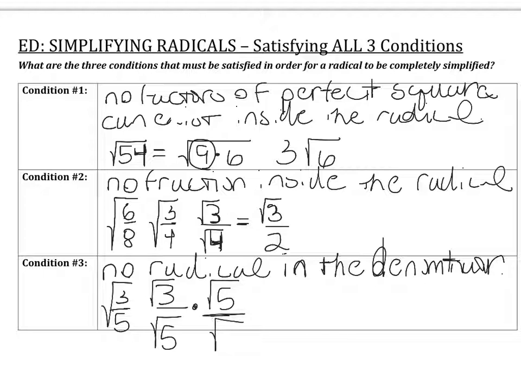Because what I'm doing here is multiplying by a version of 1. And the reason I'm choosing the square root of 5 is because when I multiply the square root of 5 times the square root of 5 together, that gives me plain old 5, because it would give me the square root of 25, which is just 5. And then the top, because they're both radicals, 3 times 5 is 15. So I would get the square root of 15 over 5.